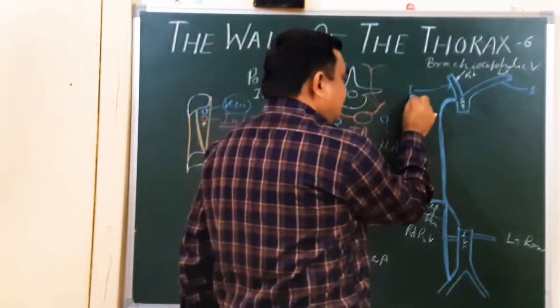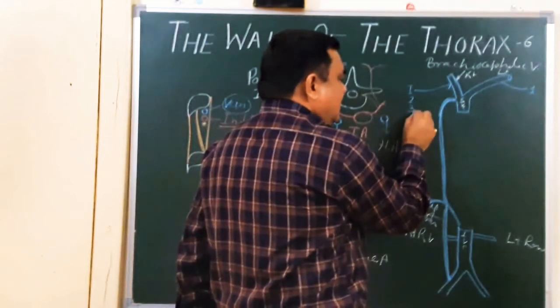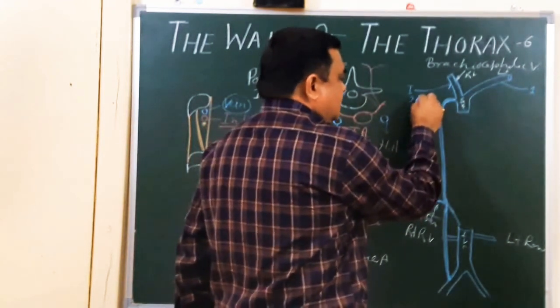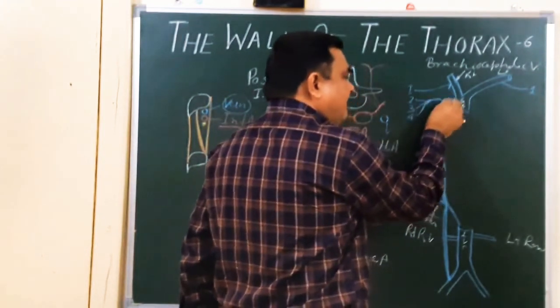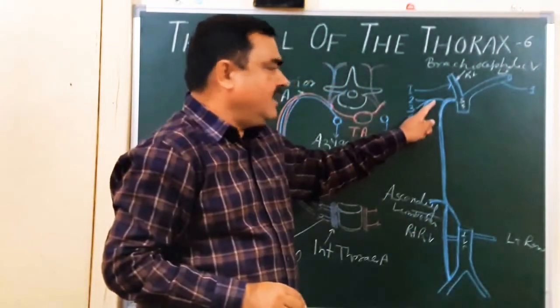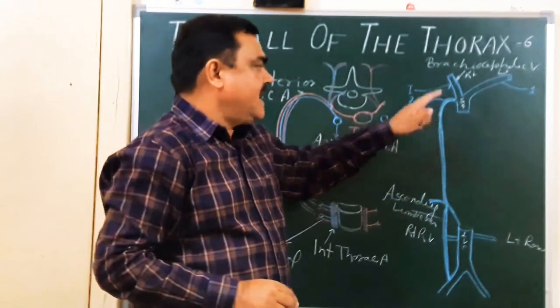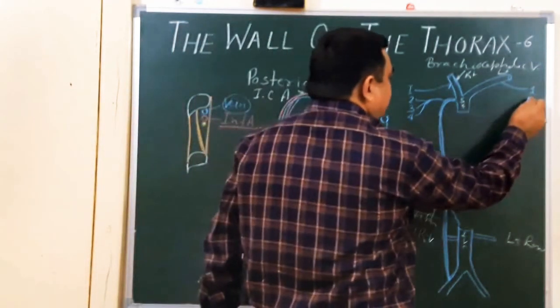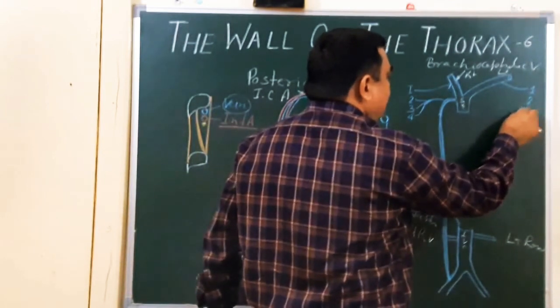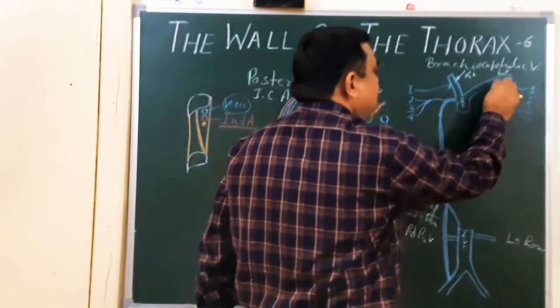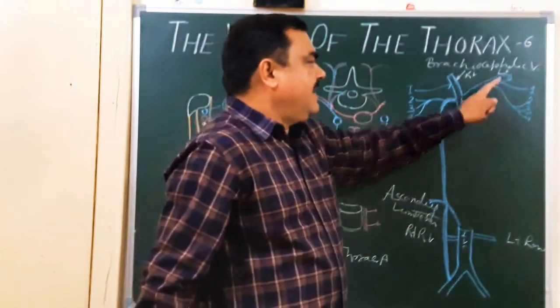On the right side, second, third, fourth join with each other and form the superior intercostal vein, which drains into the azygos vein. On left side, second, third, and fourth join to form superior intercostal and drain into left brachiocephalic vein.